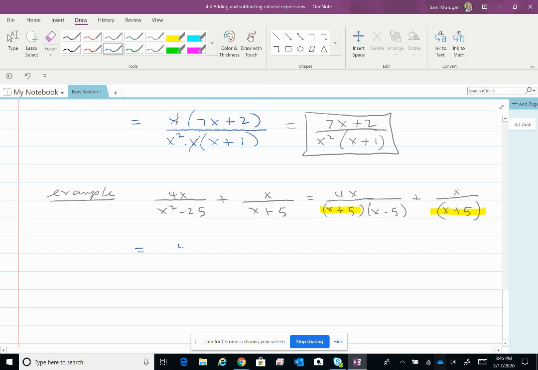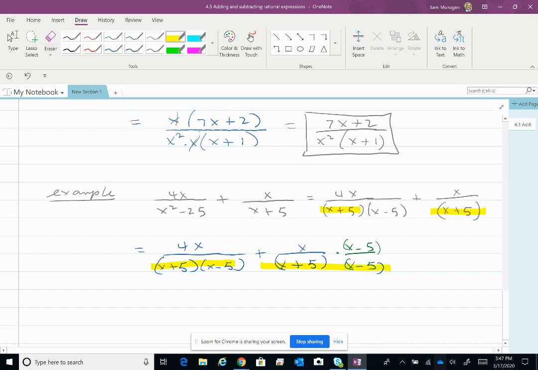So we've got 4x, x plus 5, x minus 5, plus x plus 5. And at this point, we can go ahead and multiply both numerator and denominator by x minus 5. And we now have exactly the same denominator.